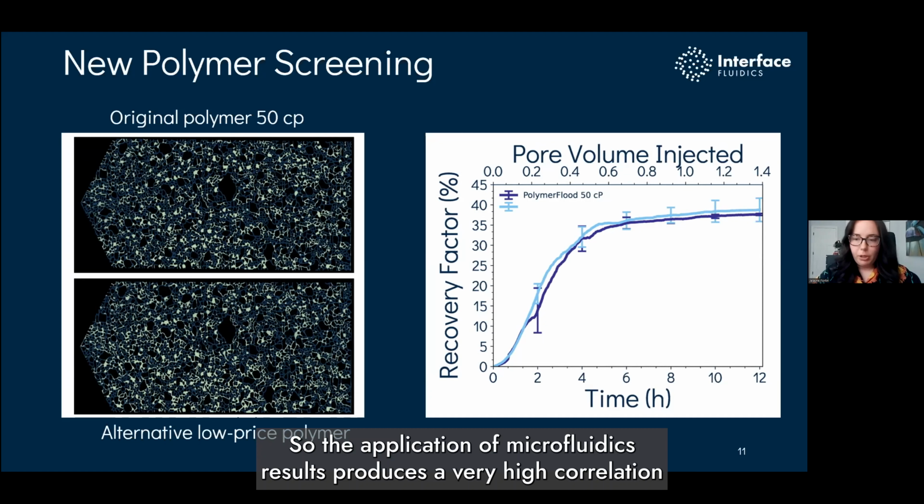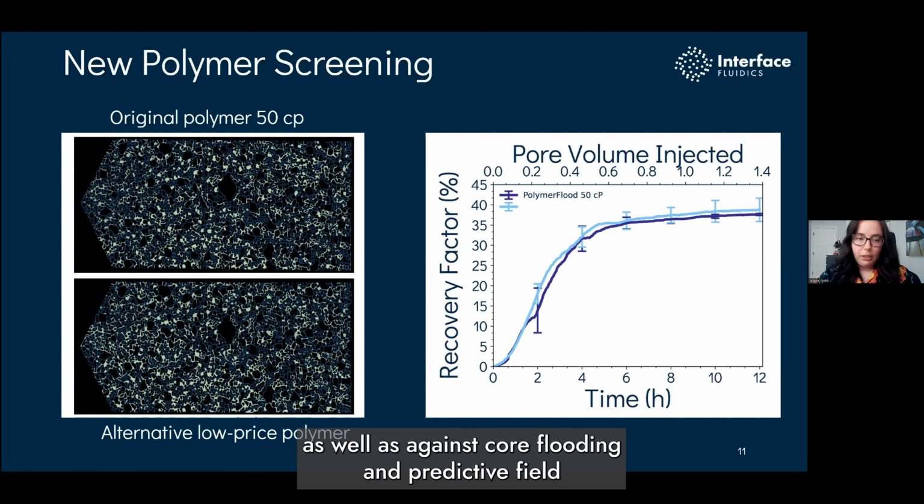So the application of microfluidics results produce a very high correlation against core flooding and field results, predicted field results. So why do our clients buy into our testing? Interface microfluidic testing for EOR only takes 1 day per measurement.